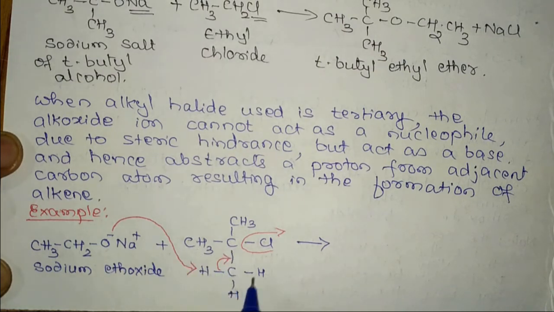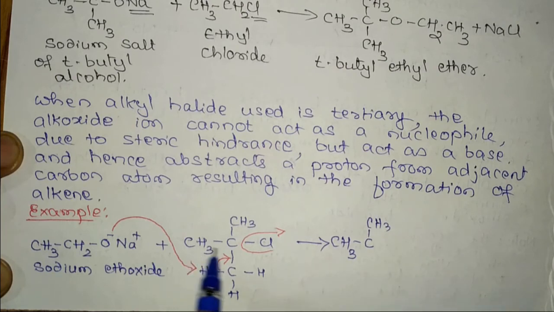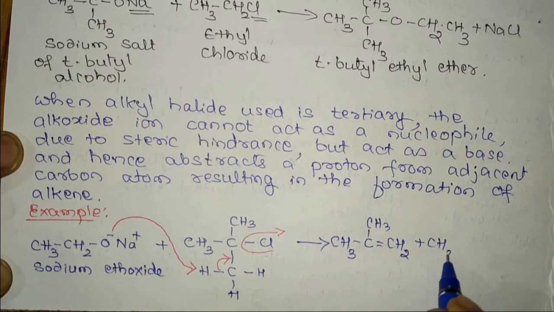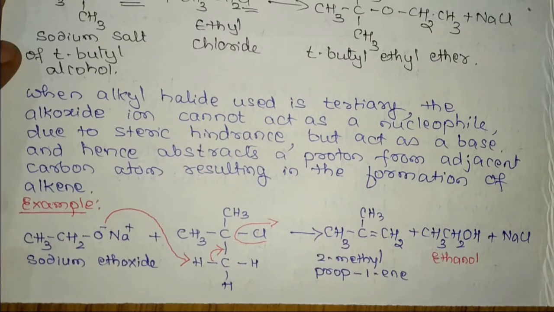(CH3)3C-Cl gives (CH3)2C=CH2 plus CH3CH2OH plus NaCl. This is 2-methyl-1-propene.